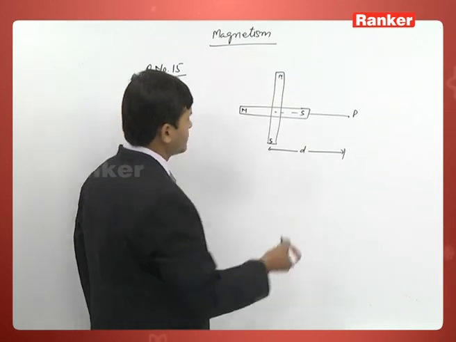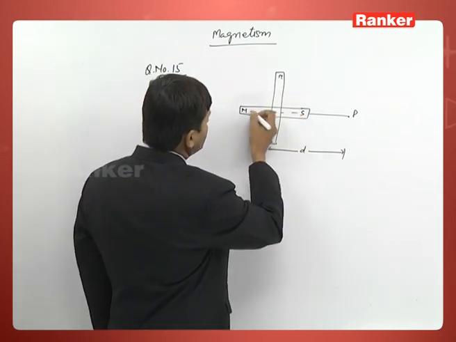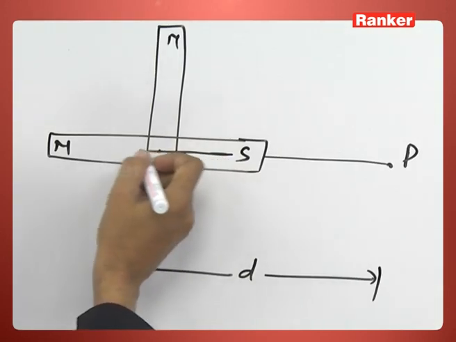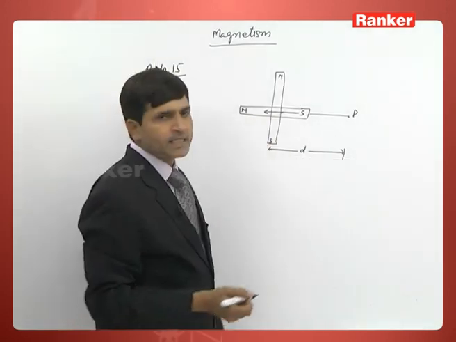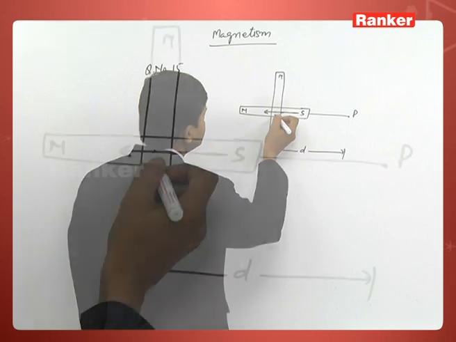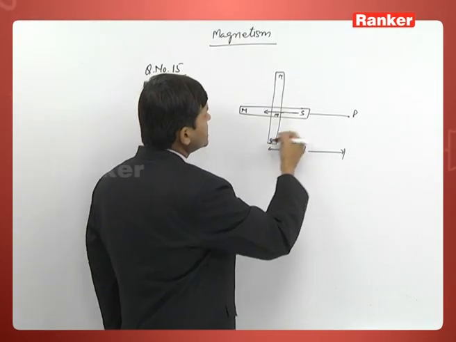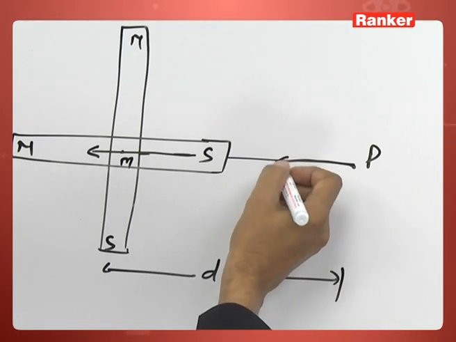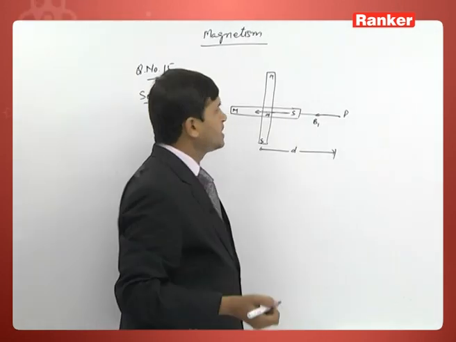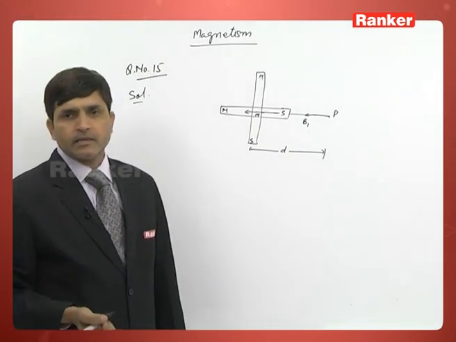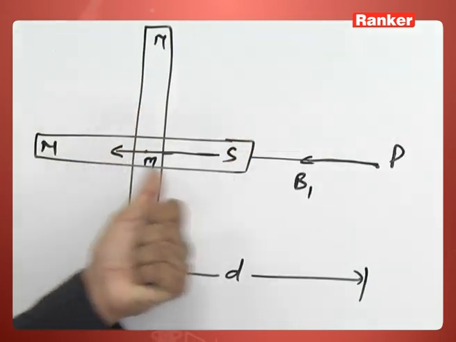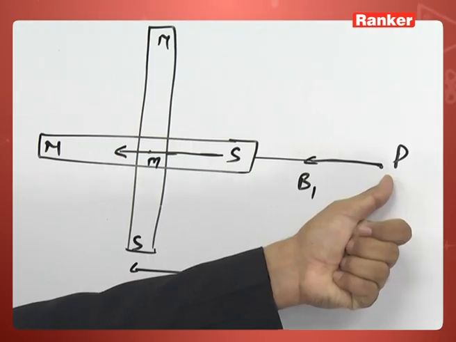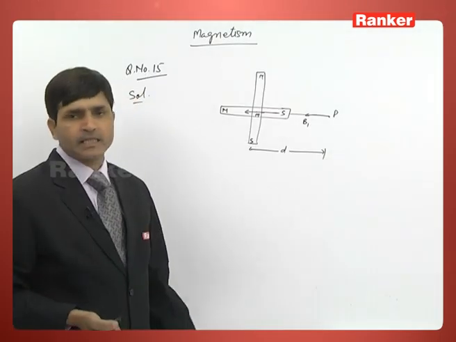As we know, this is the magnetic moment direction for this bar magnet. So due to this, the magnetic field direction, you have B1 in this direction. B1 is due to the magnet which is along the line joining the point P to the axis.